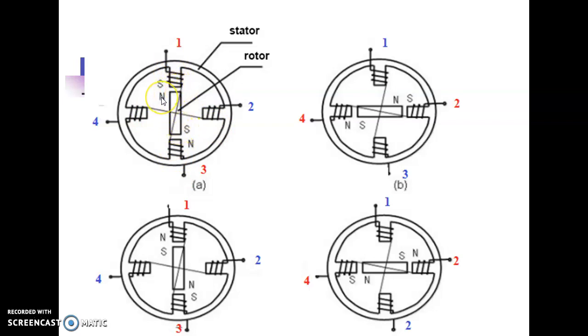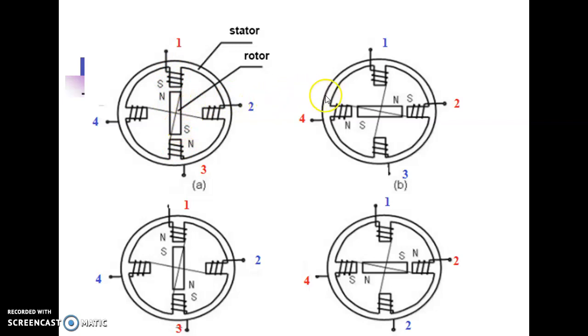The rotor has a north pole and a south pole, and the stator poles also become south and north, and because of that the rotor gets aligned with the stator. So this is the first step. The rotor comes into alignment with the stator.